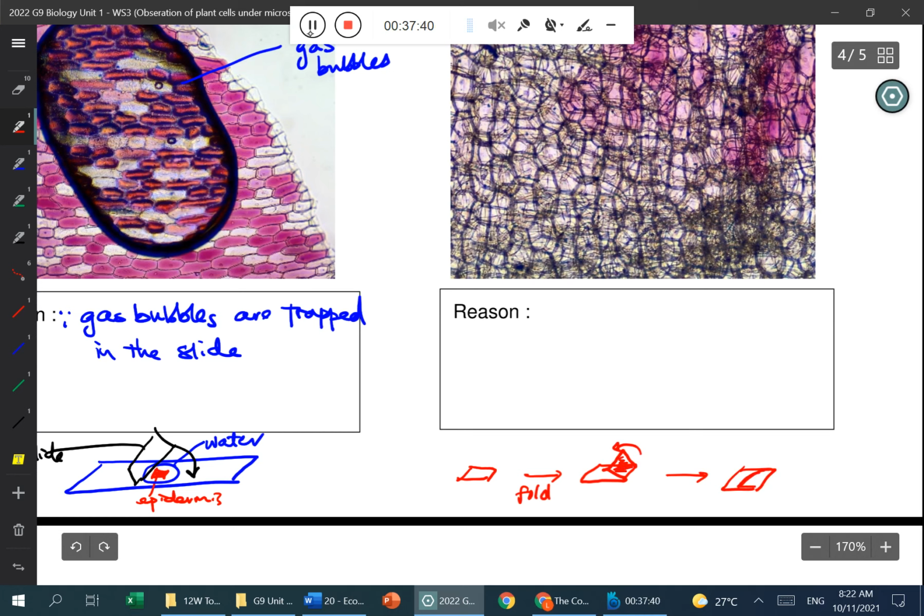So let me say this is the folded area, and let it cover up. Now you can see that there is an extra layer of cells covering up the layer that you want to see. So this is the extra layer, while this is the layer that you want to see.